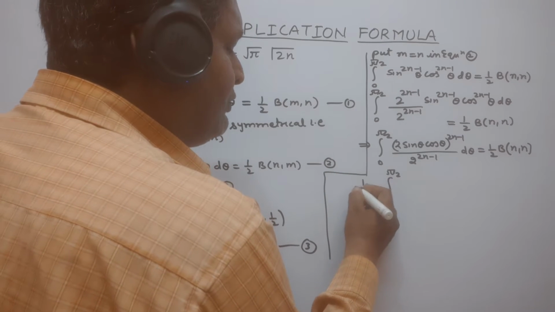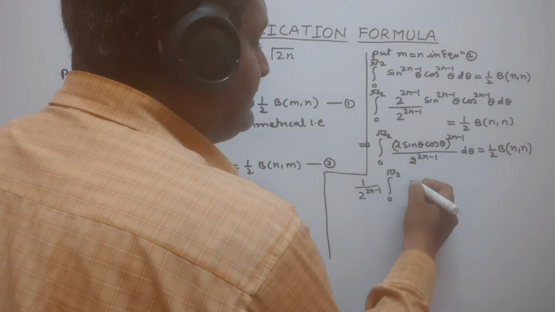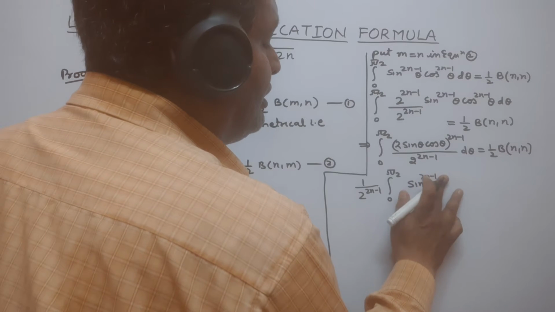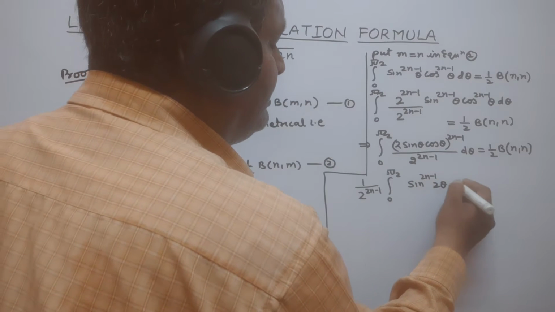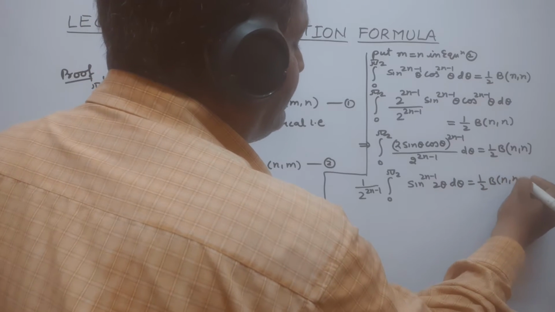So here we can write 1 upon 2 to the power 2n minus 1, and this can be written as sin to the power 2n minus 1 of 2 theta d theta, is equal to 1/2 beta n n.